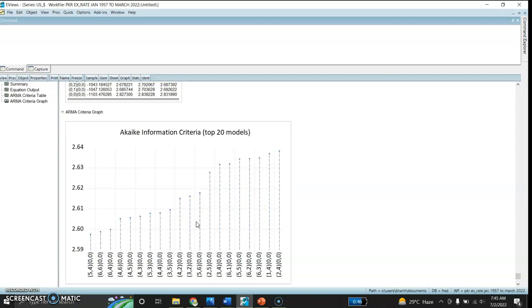Since we are selecting the best model on the basis of lowest ARIMA information criteria, so here is the best model that is 4-5-4, and this is the ARIMA information criterion value, which is 2.59 something.